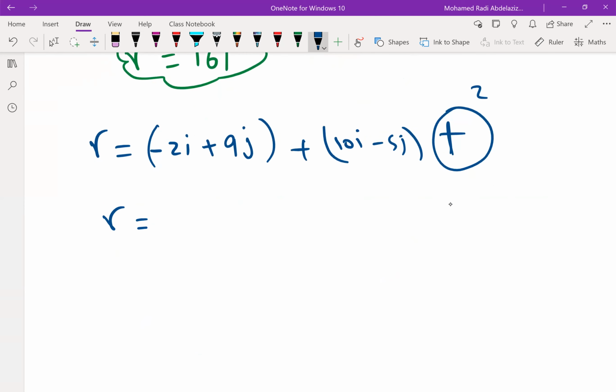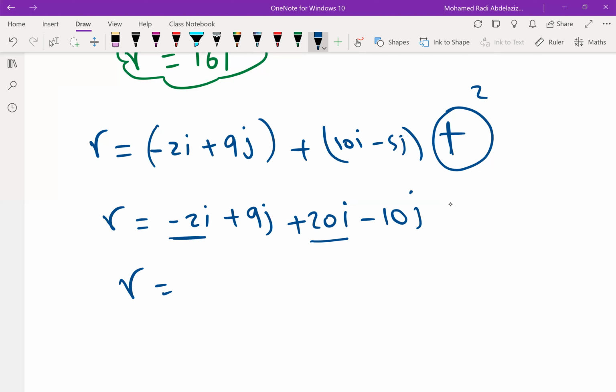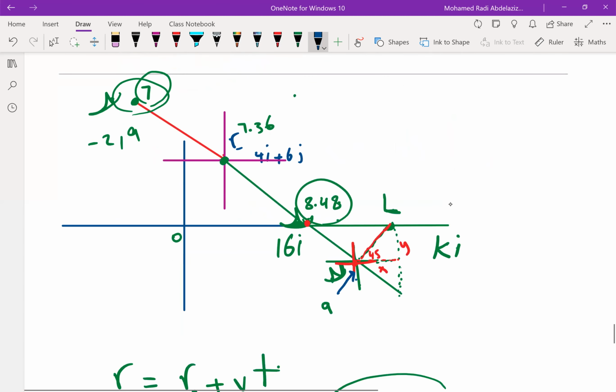So the position vector will be -2i plus 9j plus 20i minus 10j. So the position vector of the ship at 9 will be -2 and 20 will be 18i minus 1j. So now this position is 18i minus 1j.